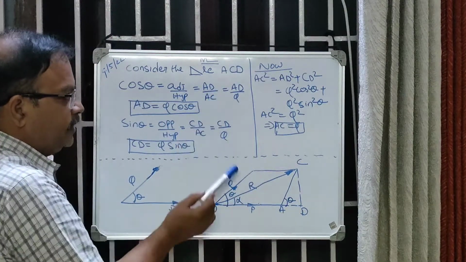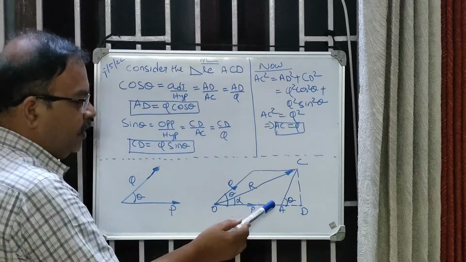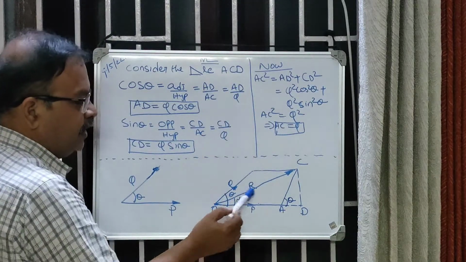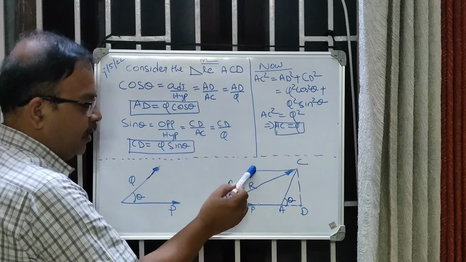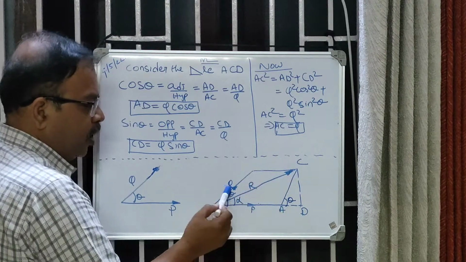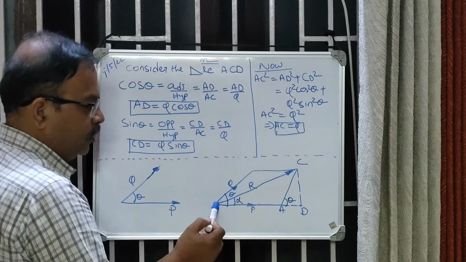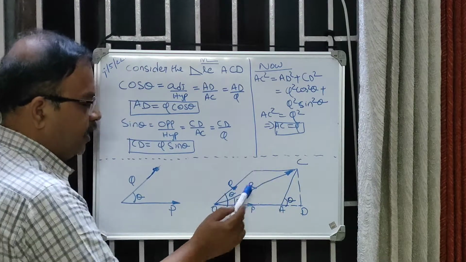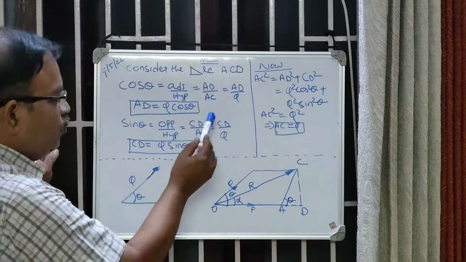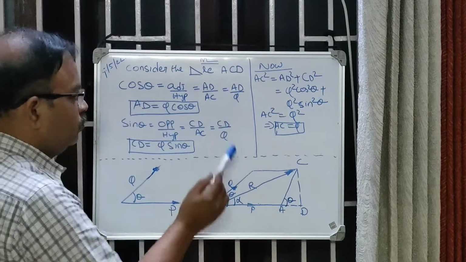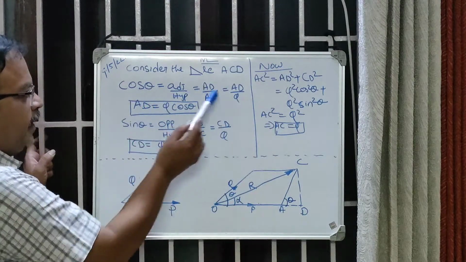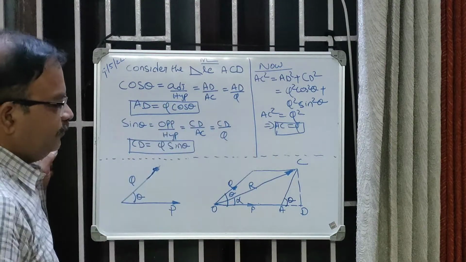So cos theta is AD by AC. For a parallelogram, the opposite sides are always equal, so this and this side will be equal. Here you have AC as Q. So AD is equal to Q cos theta.